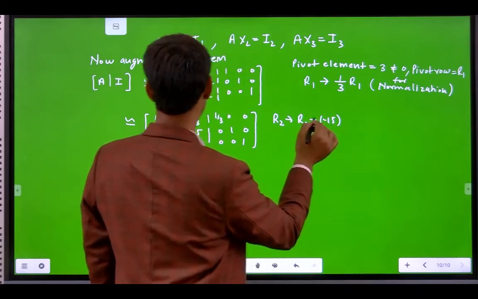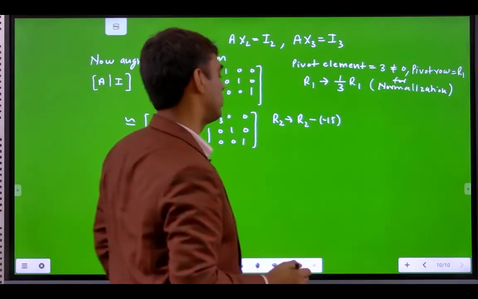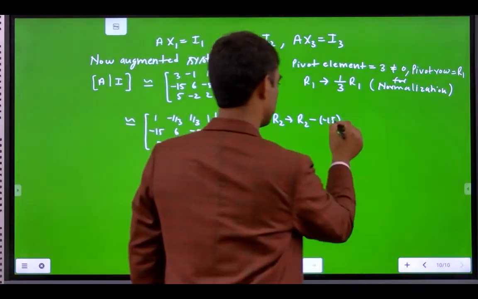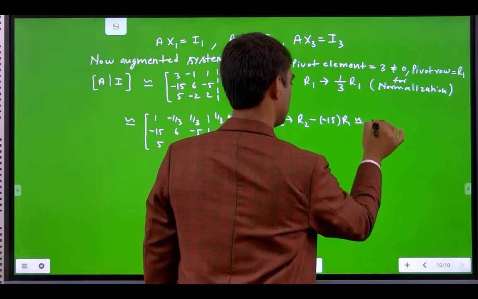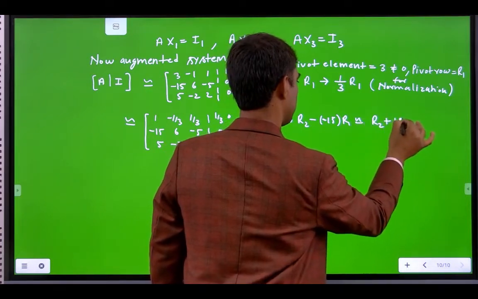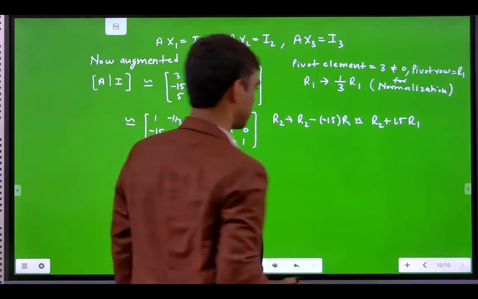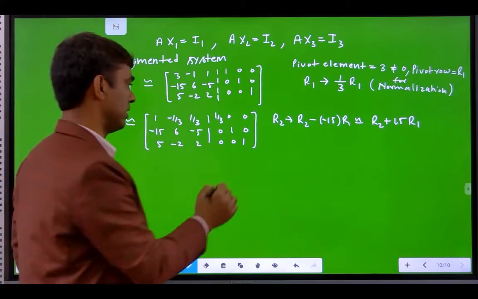Here the pivot element is already normalized, so there is no need to divide by the pivot element. So this is minus 15 R1; you may equivalently say R2 plus 15 R1. This eliminates the first variable from the second equation.